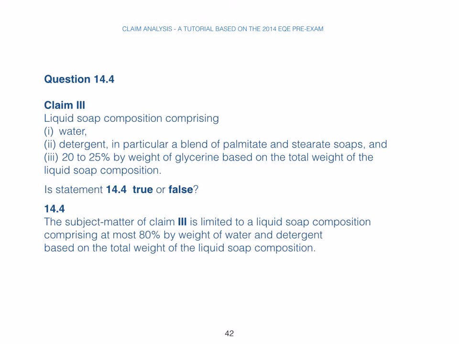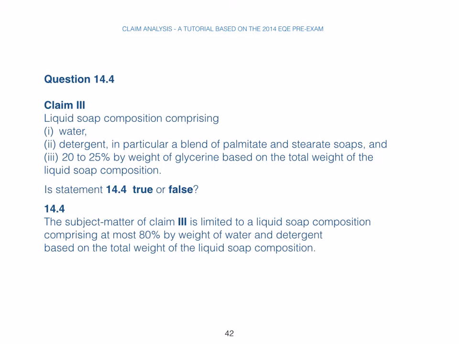Statement 14.4 relates to the composition once again. It says the subject matter of claim 3 is limited to a liquid soap composition comprising at most 80% by weight of water and detergent based on the total weight of the liquid soap composition.